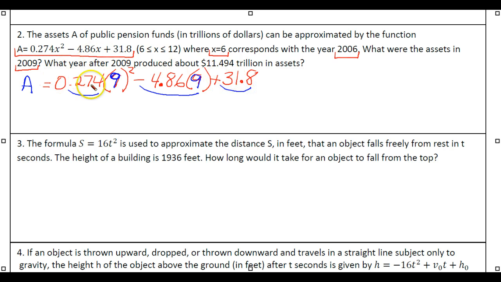You can actually put all of this into your calculator carefully, and you end up with 19.686, but this is trillion dollars.